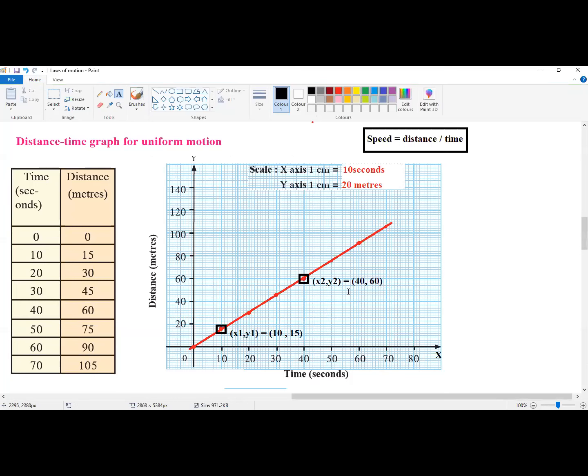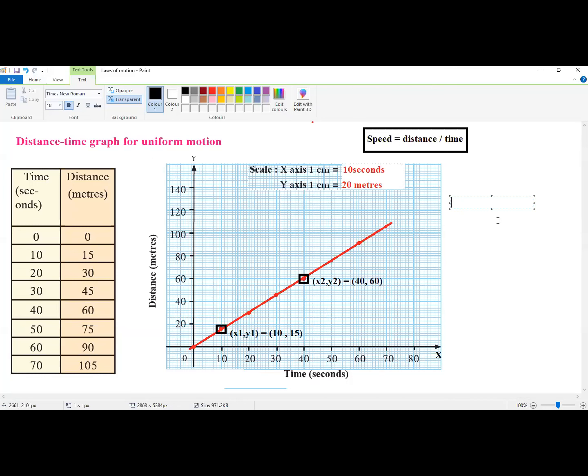Now let's calculate the slope. How do we calculate the slope? Slope is equal to y2 minus y1 upon x2 minus x1.